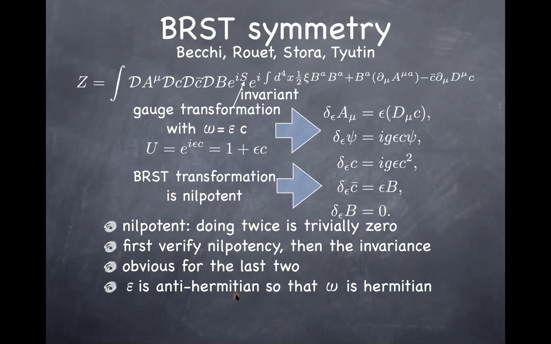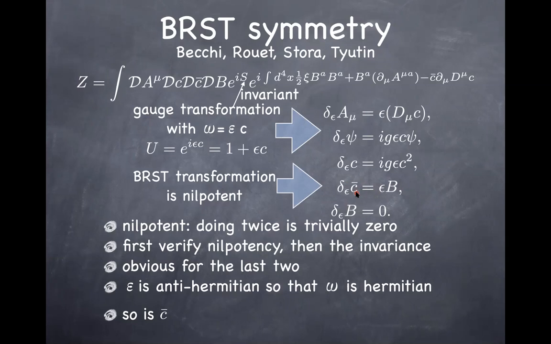So epsilon is supposed to be anti-Hermitian. And that makes sense because B is an auxiliary real field. Epsilon times B then is anti-Hermitian. That's exactly what we learned, that C bar is supposed to be anti-Hermitian. So this assignment of C being Hermitian and C bar being anti-Hermitian is actually crucial for the consistency of the arguments. But anyway, this is the set of transformation properties we need to look at.